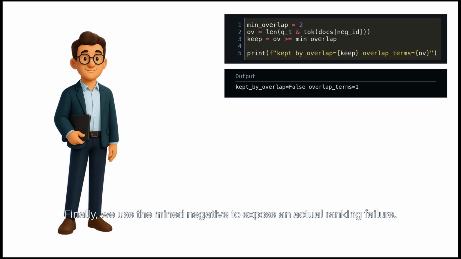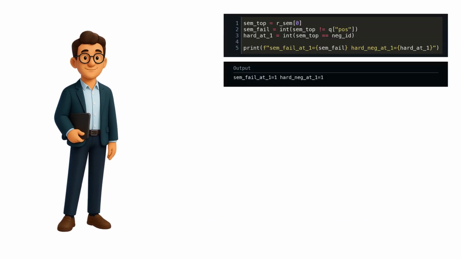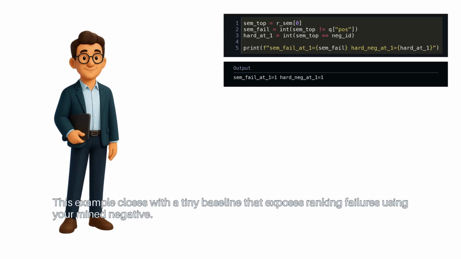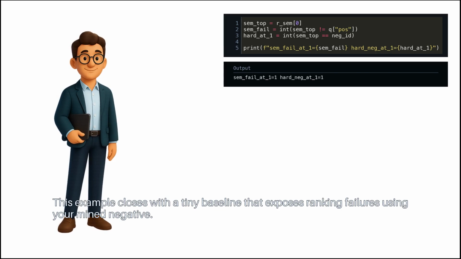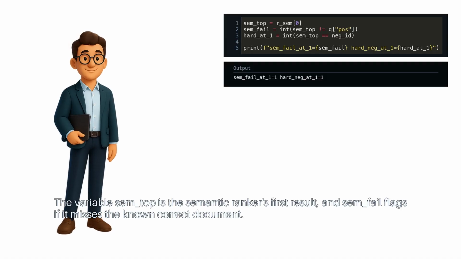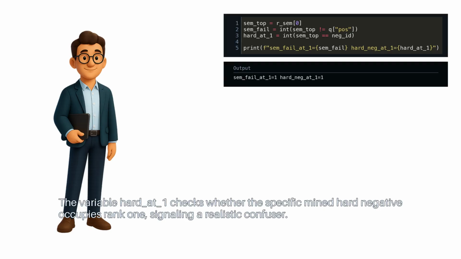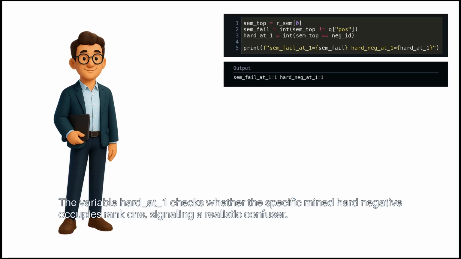Finally, we use the mined negative to expose an actual ranking failure. This example closes with a tiny baseline that exposes ranking failures using your mined negative. The variable semtop is the semantic ranker's first result, and semfail flags if it misses the known correct document. The variable hard at 1 checks whether the specific mined hard negative occupies rank 1, signaling a realistic confuser.